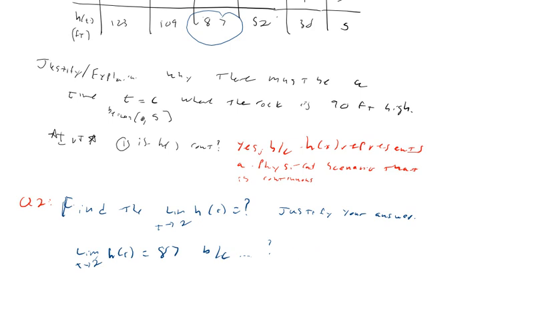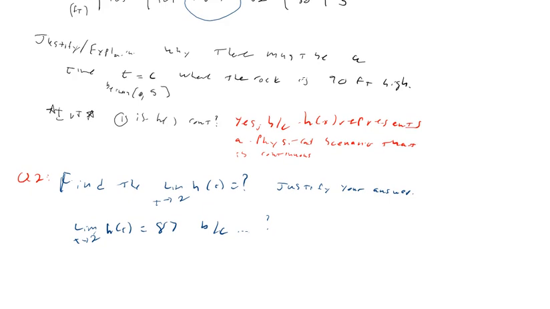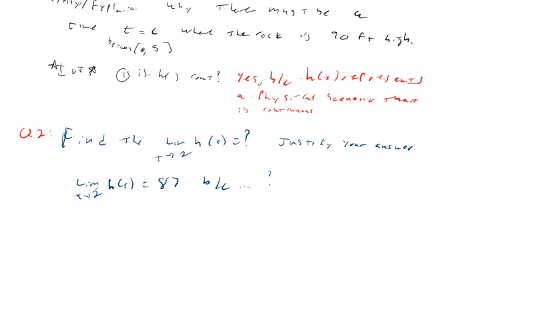And this is where you really need to understand the definition of continuity, and how limits and values are connected. We know the limit is equal to 87 because we know that h of 2 is equal to 87.